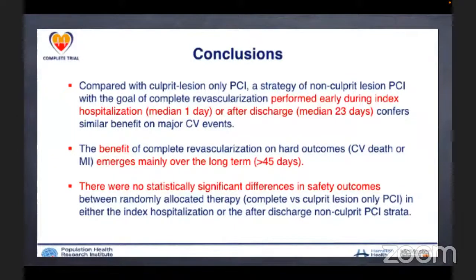So we already have this COMPLETE trial in hand, which has showed that compared with culprit lesion only, a strategy of non-culprit lesion PCI with the goal of complete revascularization performed early during index hospitalization confers similar benefit on major cardiovascular events. There were benefits of complete revascularization on heart outcomes of cardiovascular death or MI, and which also emerges over the long term of more than 45 days. There were no statistical differences in the safety outcomes also.